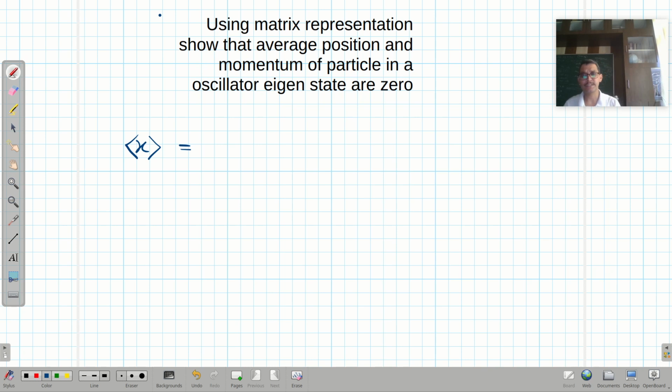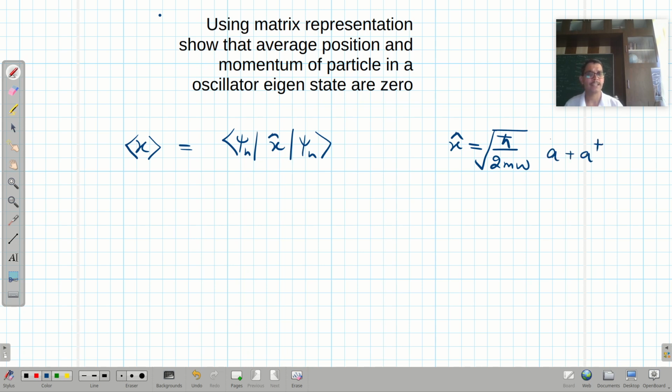It is basically the expectation value of this. But if I recall, x in case of harmonic oscillator can be written as root of h cross over 2m omega, times (a plus a dagger), right?